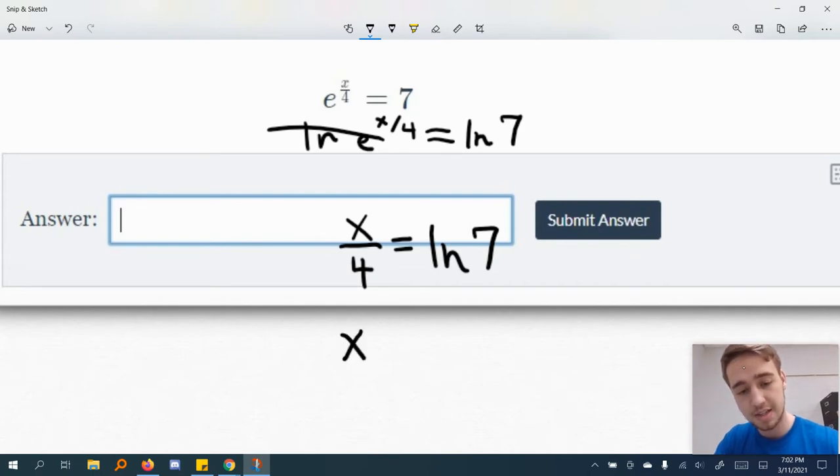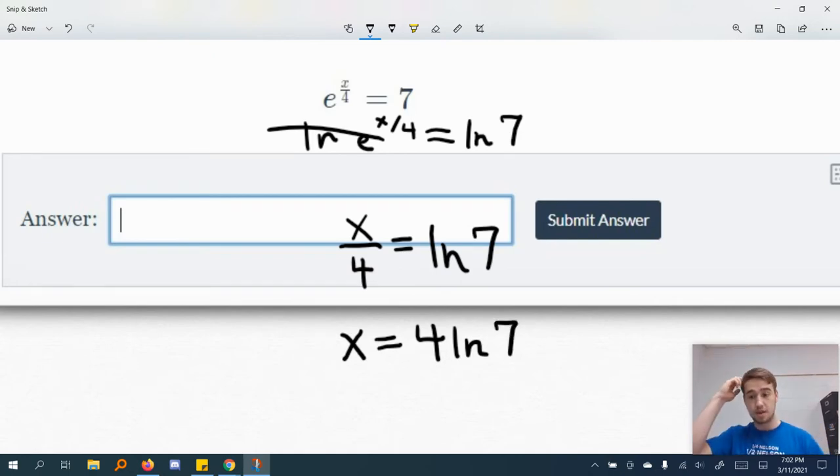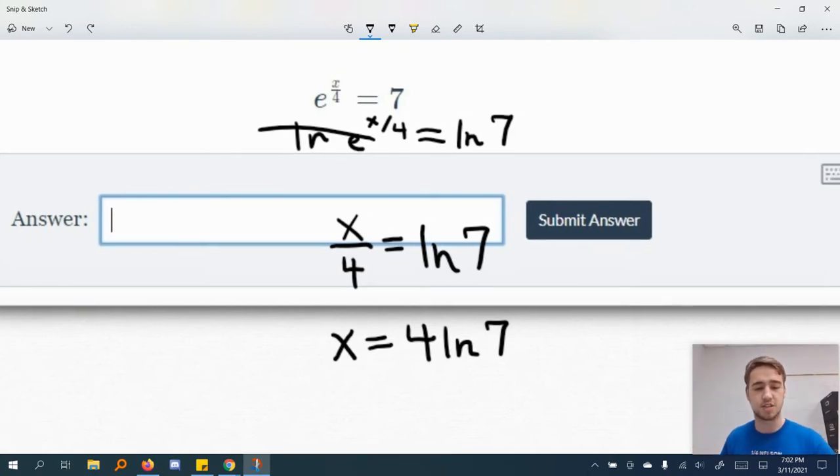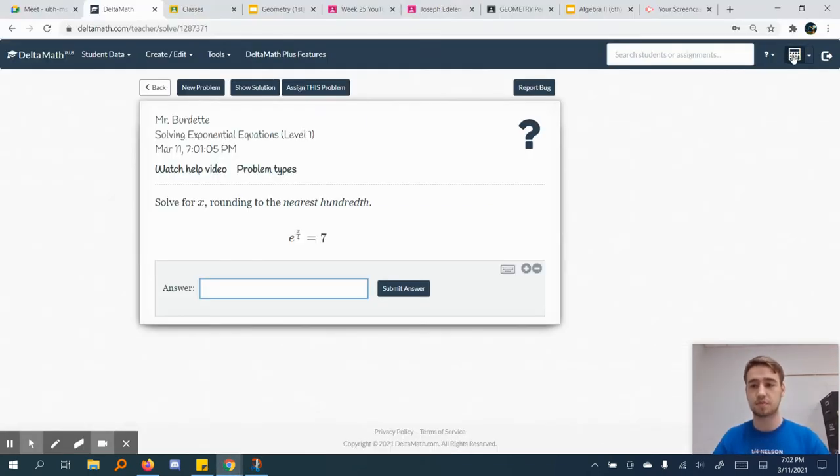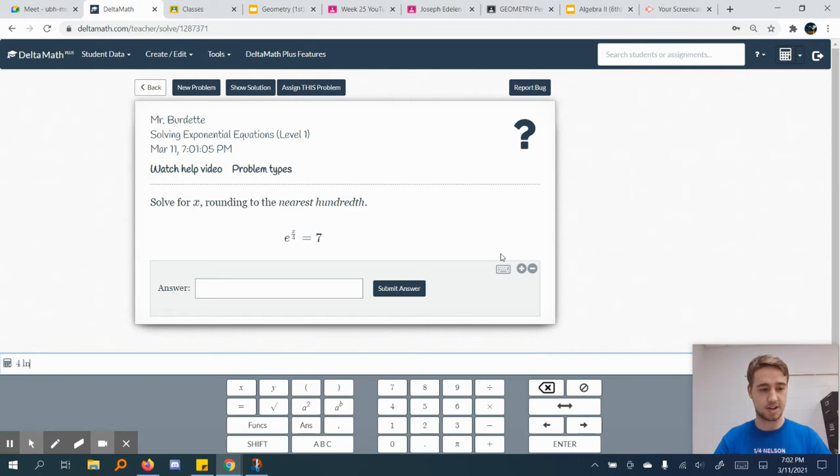So x equals 4 natural log of 7. Let's go ahead and punch that into a calculator. We could rearrange that as natural log of 7 to the 4th, but since they're all numbers, we don't really need to do any more condensing or rearranging. We just want to solve for x by plugging it in. We're going to say 4 natural log 7.